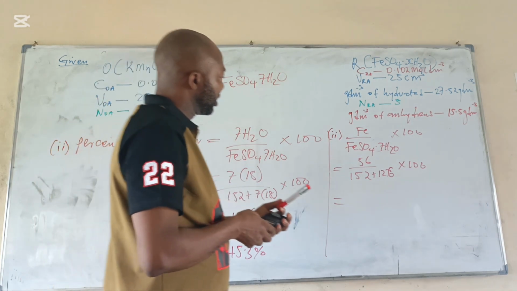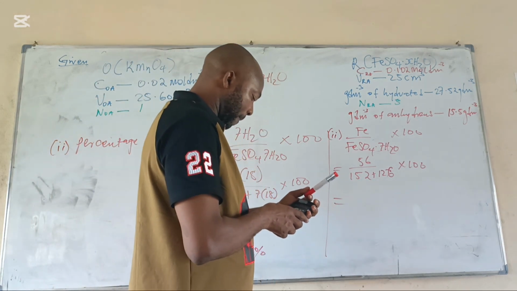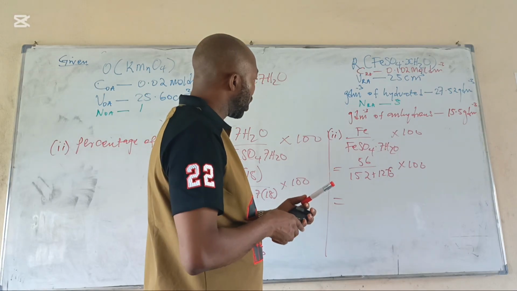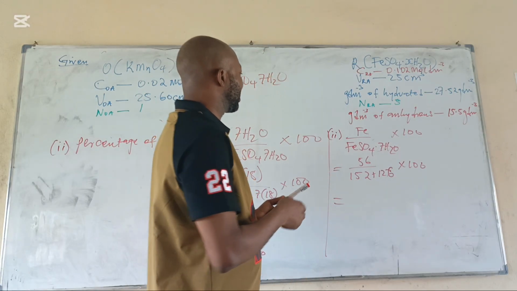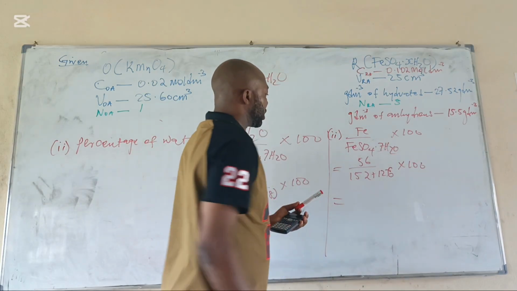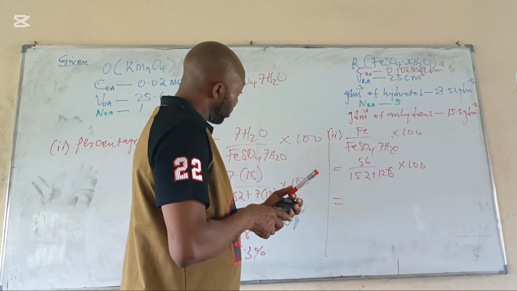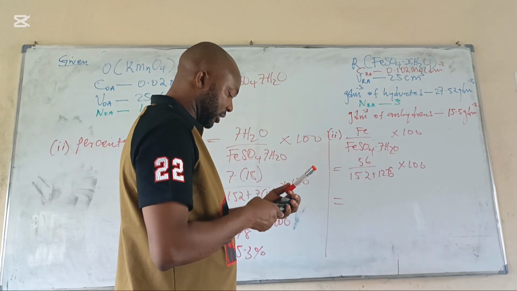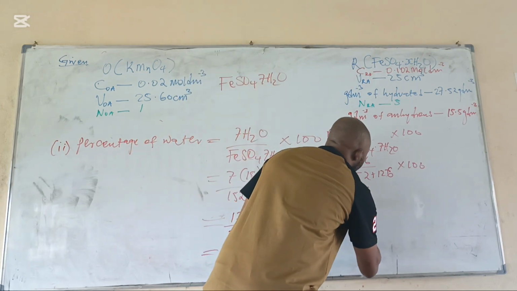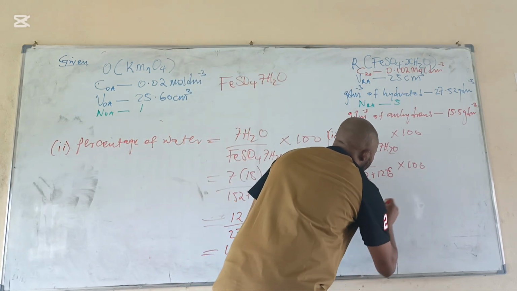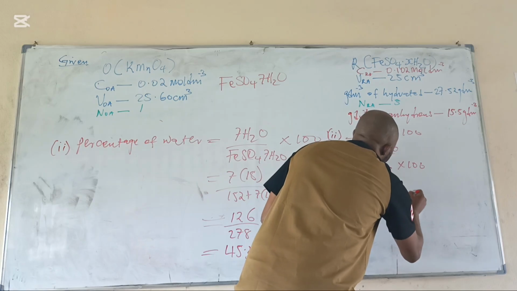Let me come again. 152 plus 126, which is 7 times 18, is 278. So now I have 56 over 278 times 100.